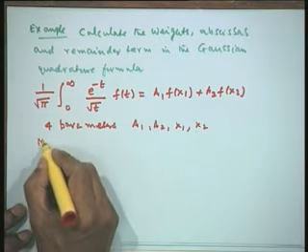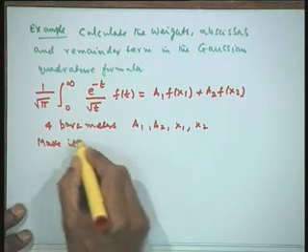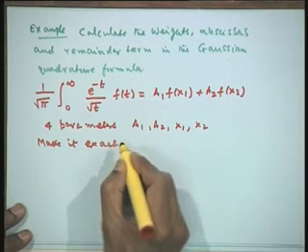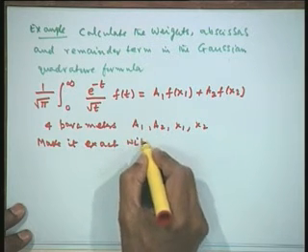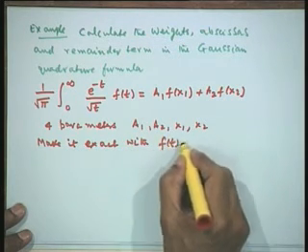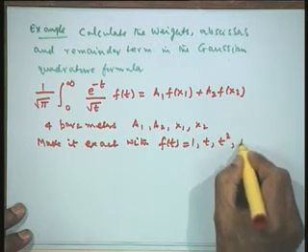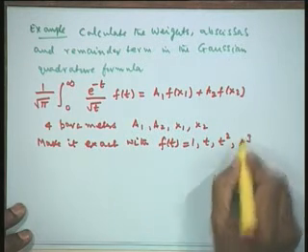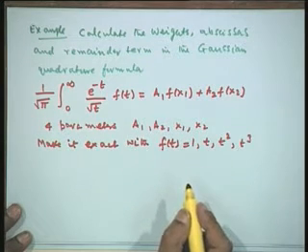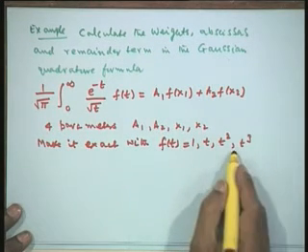Therefore, we make it exact with f t is 1, t, t squared, t cubed. There are 4 parameters, so we get 4 equations.